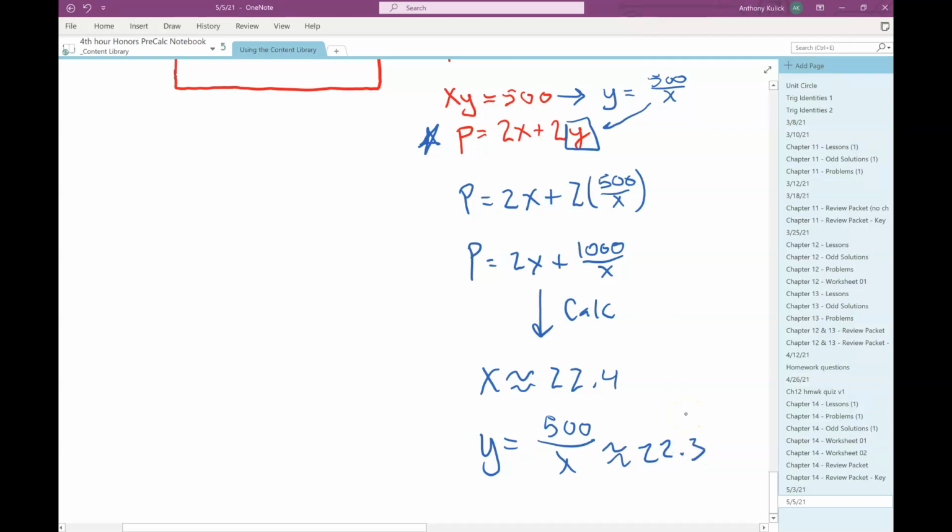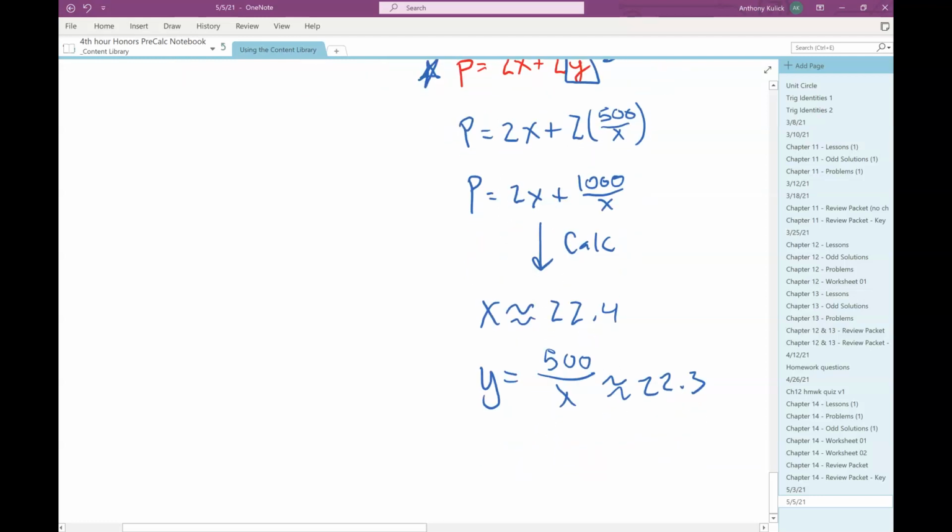So what have we found here? The most efficient ratio of perimeter to area is basically a square. Is that usually a square? Yes.